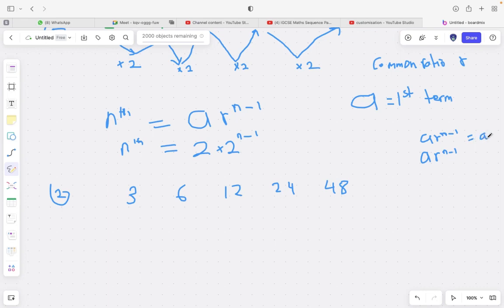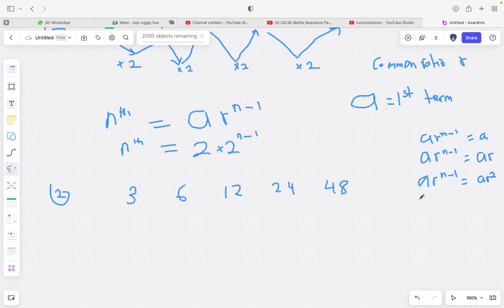And the second term, n is 2. 2 minus 1 is 1. So for second term, it will be ar raised to power 1, which is same thing as ar. For third term, n is 3. 3 minus 1 is 2. So we have third term to be ar raised to power 2, right?